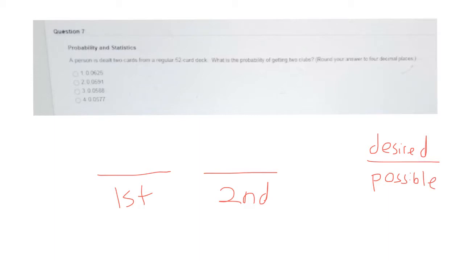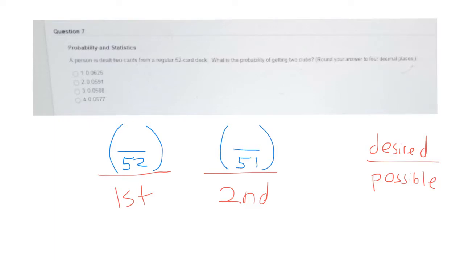I find when doing probability problems, it's often easier to figure out what the possible outcomes are first, because it's a little bit more obvious. So we know that the possible outcomes for this fraction right here is going to be 52, because there's 52 cards in the deck. And also I can immediately see that the possible outcomes for the drawing of the second card is going to be 51.